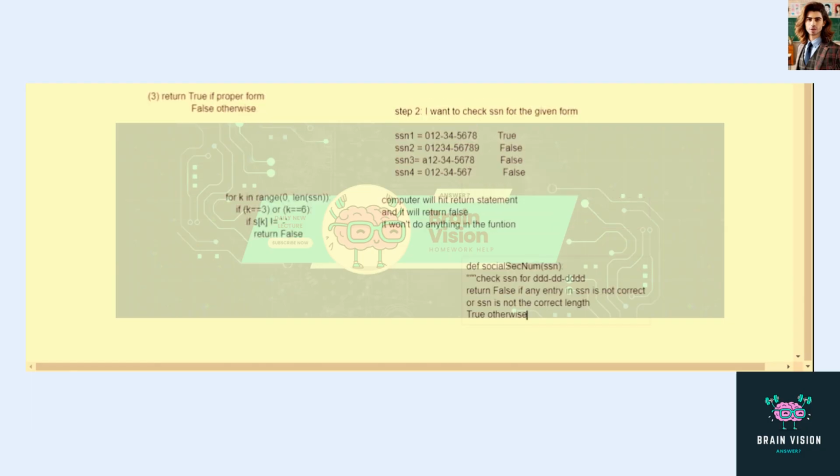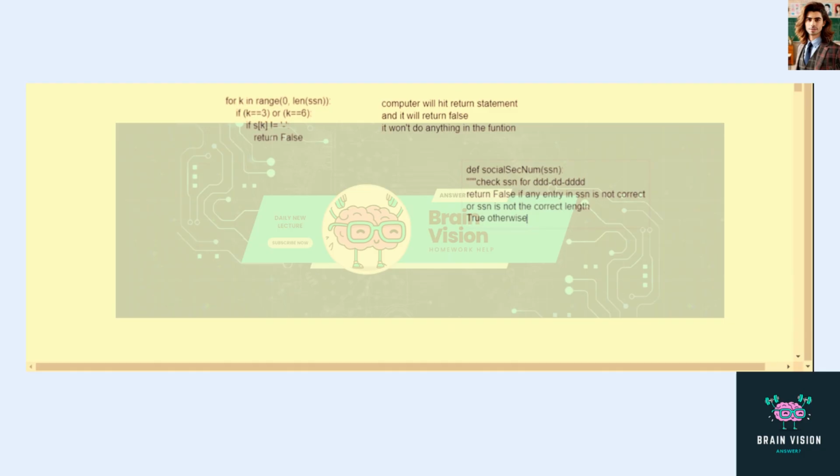Okay, so the first thing I should probably do in this function is check the length of it, because if it's not the correct length, then everything else is going to fail. So if the length of SSN is not equal to 11, which is what I get when I count, I just return false.